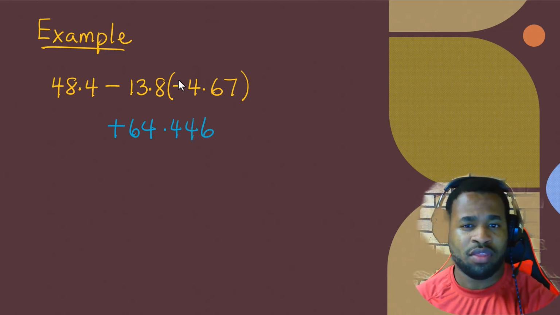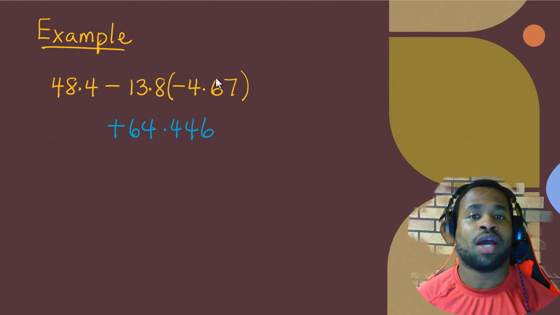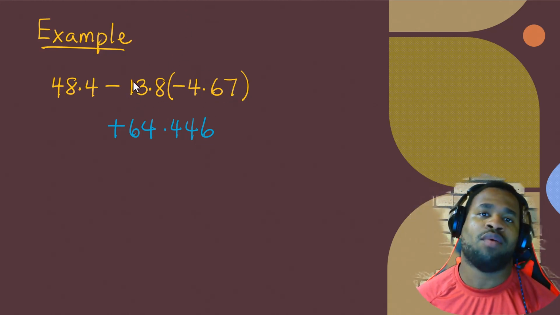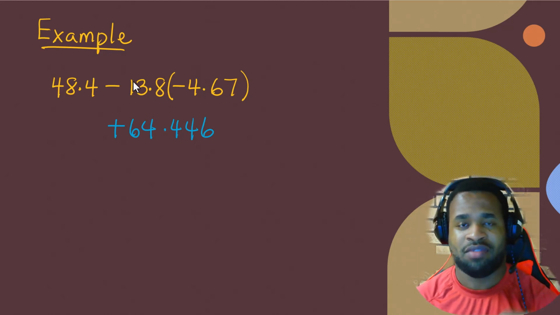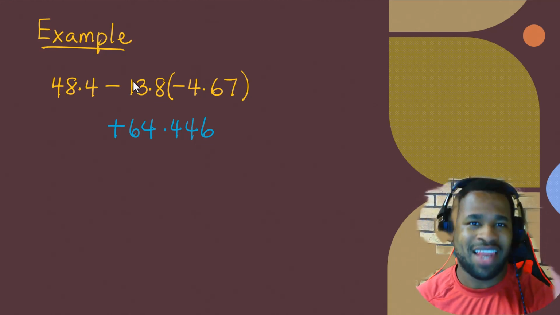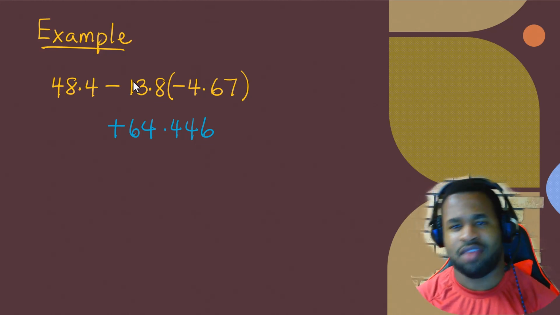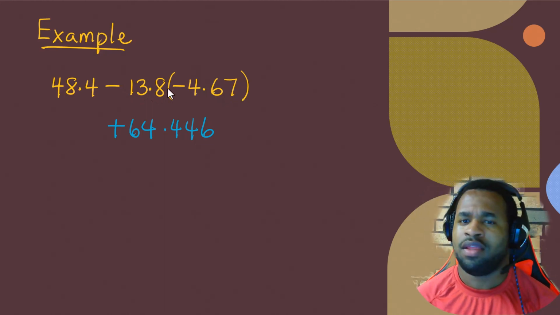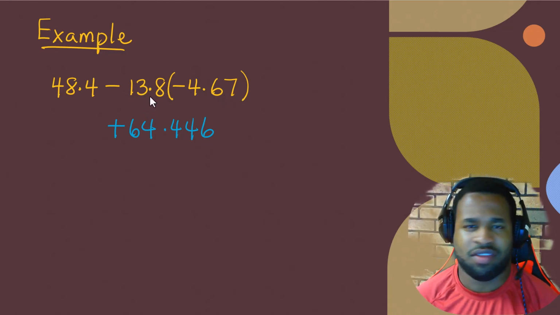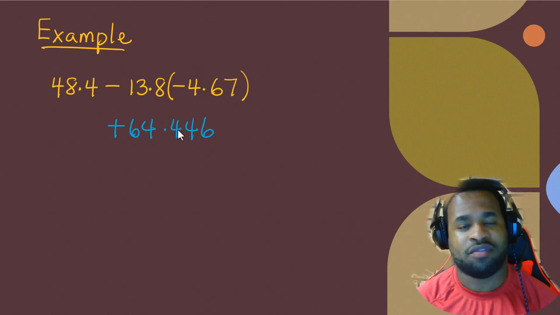However, if you're doing this operation only and you're getting this as your final answer, that means we're going to look at the accuracy of our numbers that we multiplied. The least accurate number is what we're going to use, which means the number that has the fewer significant digits is the one we're going for. But in this case, 13.8 and 4.67 have equal significant digits, in this case 3. Therefore our value here will be 64.4.